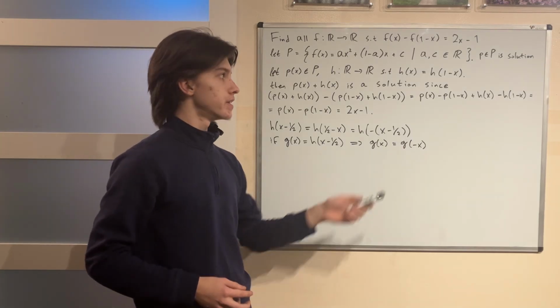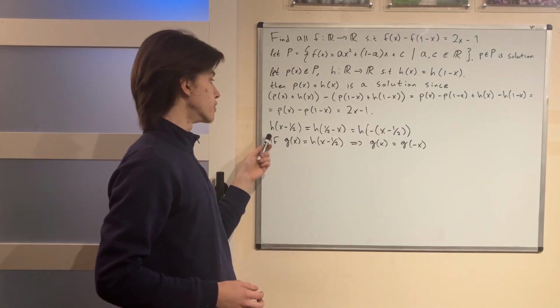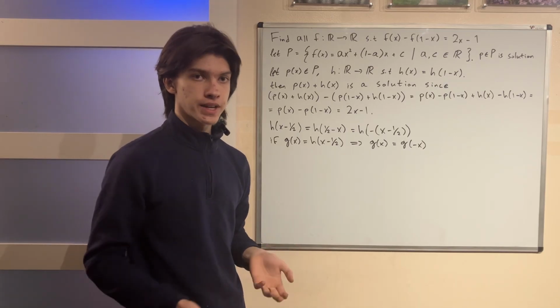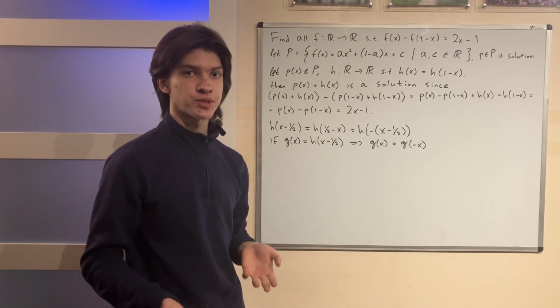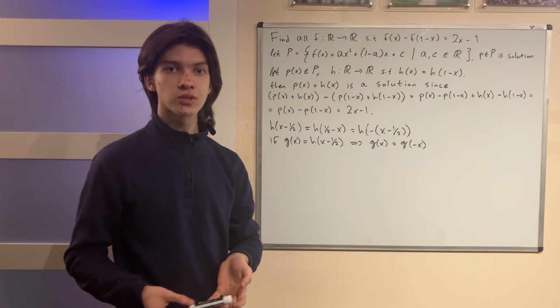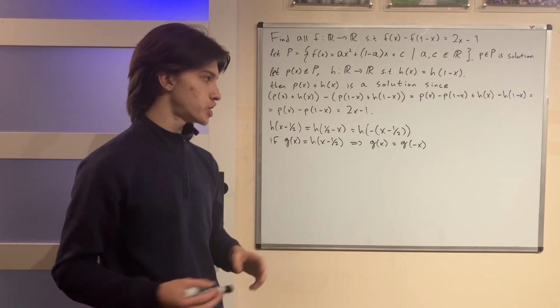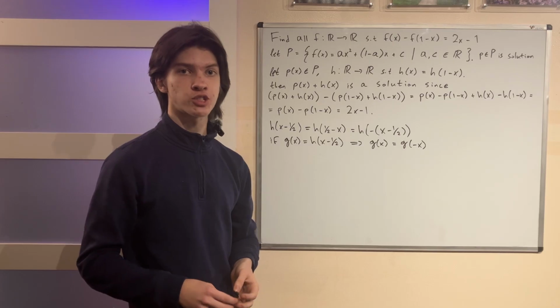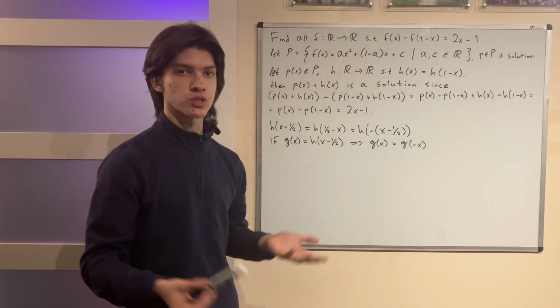So as we can see, h of x is simply an even function that is shifted 1/2 unit to the right. In fact, these functions have special names. Even functions that are shifted are called symmetric about their shift. Because even functions, by basically their definition, are symmetric about the line x equals 0.